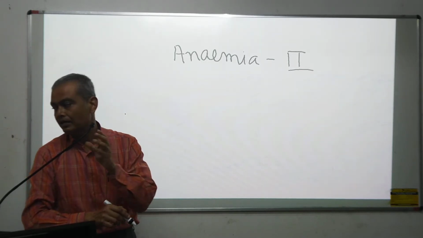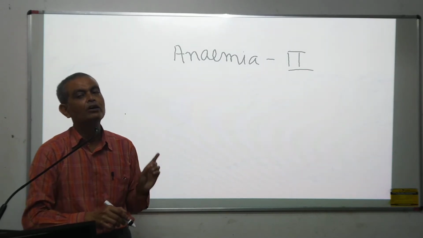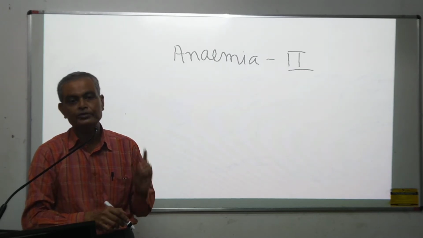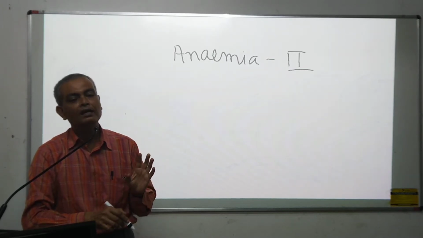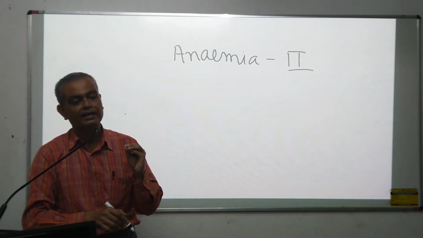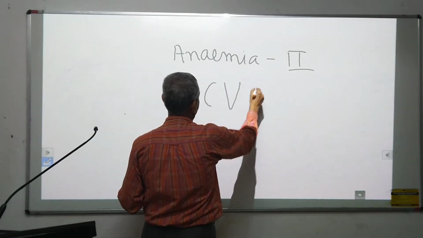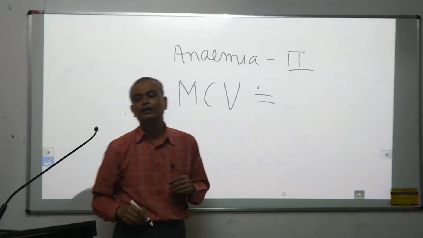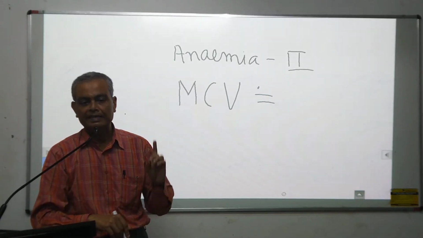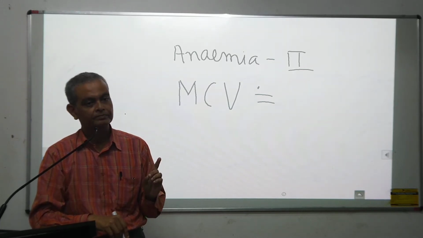These are mean corpuscular volume, mean corpuscular hemoglobin and mean corpuscular hemoglobin concentration. But still I am repeating these things and giving in a nutshell their character. MCV or mean corpuscular volume is the average diameter of one RBC.